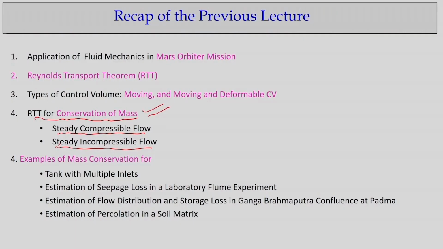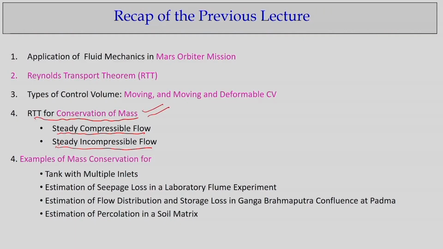So the problem becomes too simple compared to compressible flow. For steady incompressible flow, which is what we consider in most flow devices and engineering applications, the problem becomes very simplified when you apply the Reynolds transport theorem.